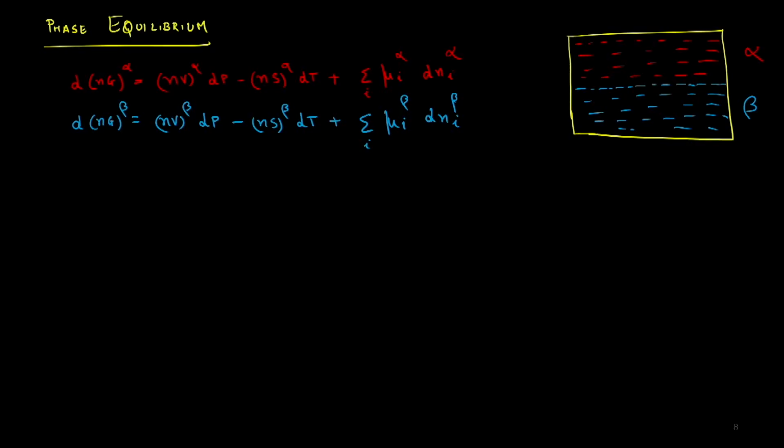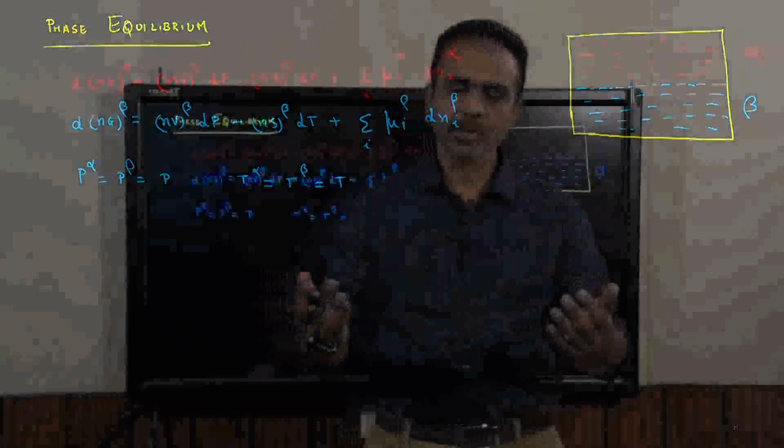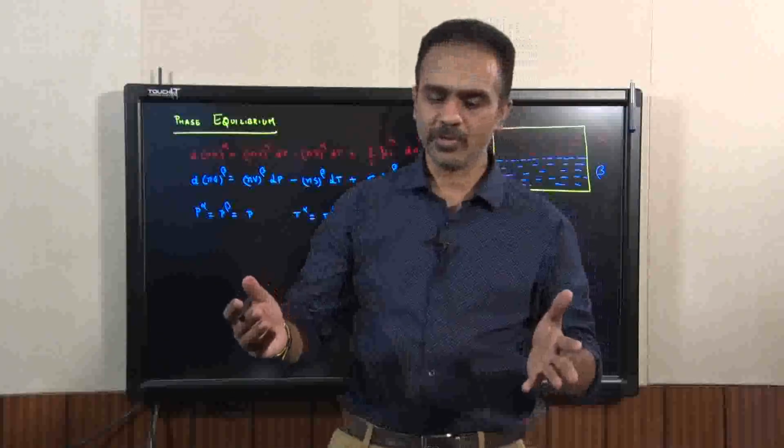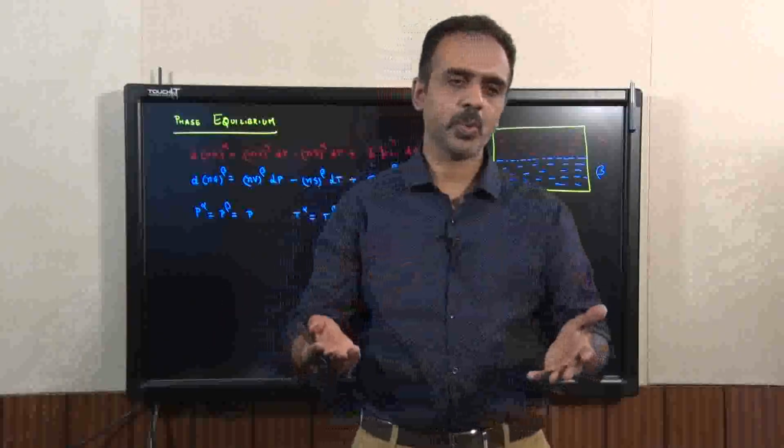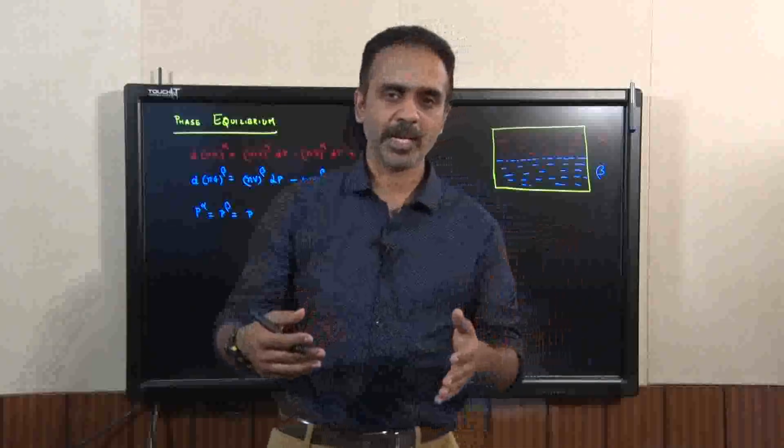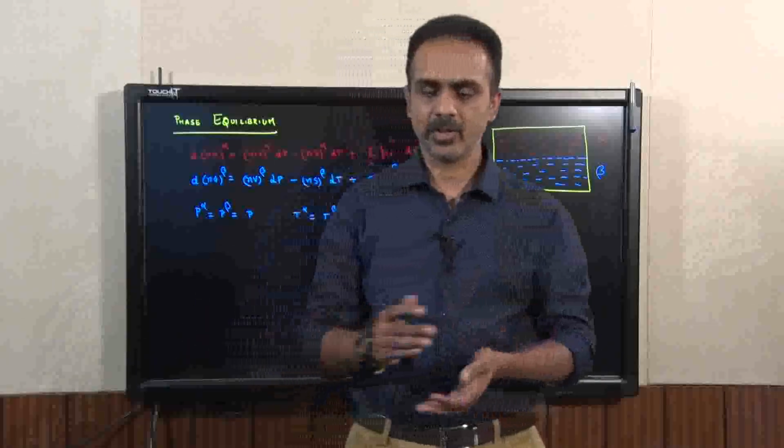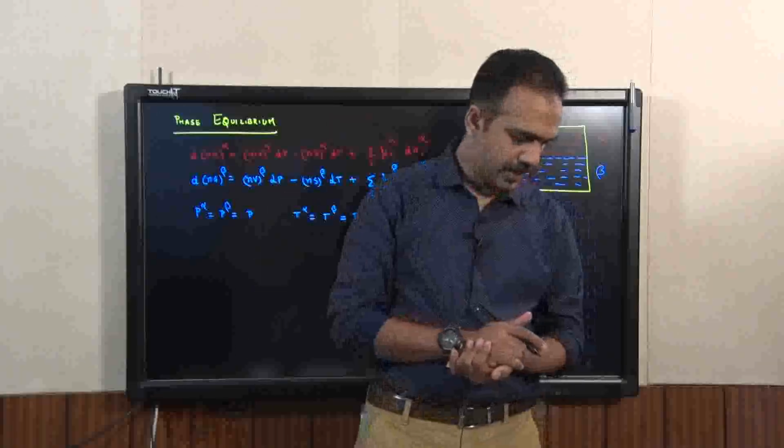Now, notice that we have not used a subscript for P and for T. So, the implicit assumption in here is that both of them are inside the container, in equilibrium, so the temperature and pressure for both the phases is the same. So, we are simply going to use P instead of P alpha or P beta, T instead of T alpha or T beta. So, these are the expressions for alpha and beta phases.